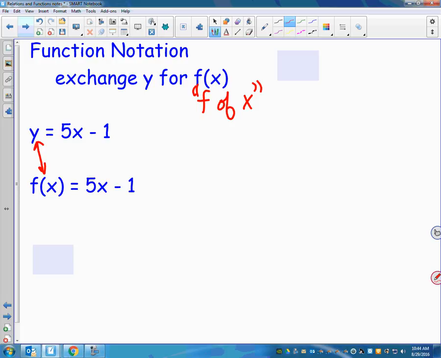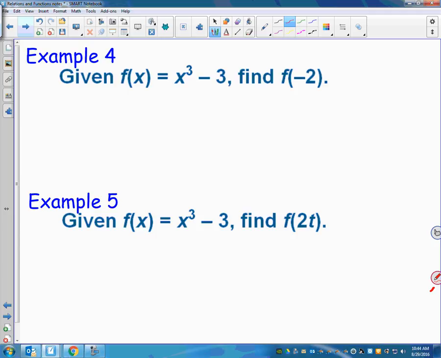So let's look at those last examples. Okay, an easy one, then a little more difficult one. If I gave you f of x equals x cubed minus 3, find f of negative 2. You need to know that means plug in negative 2 for x.